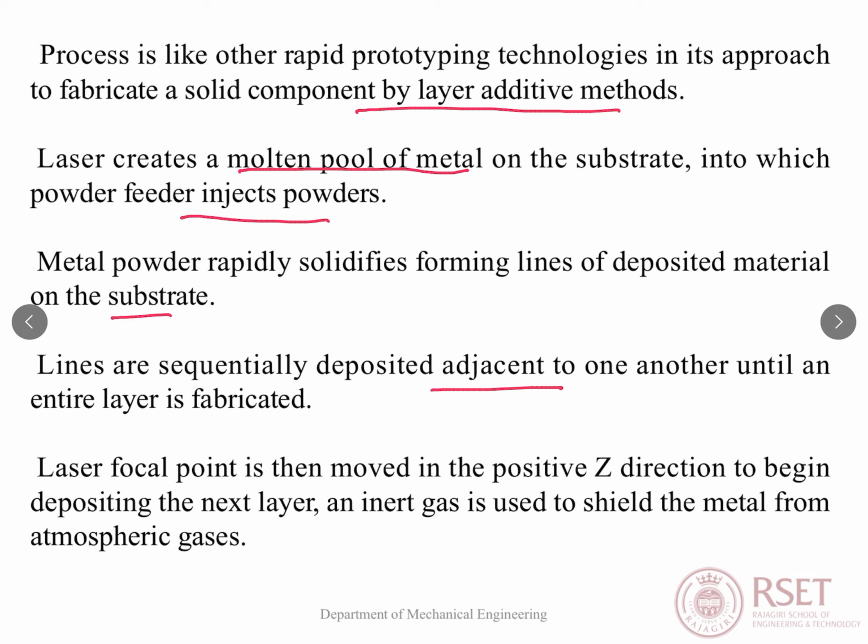These layers are sequentially deposited until the entire solid object is fabricated. The laser focal point is then moved in the positive Z direction to begin depositing the next layer. An inert gas is used to shield the metal from atmospheric gases, so an inert gas source is also supplied.